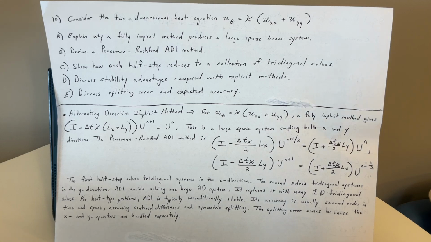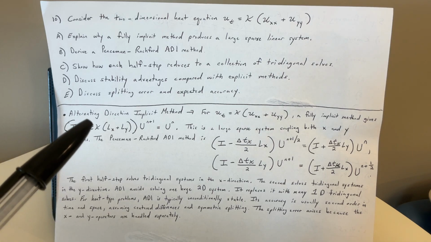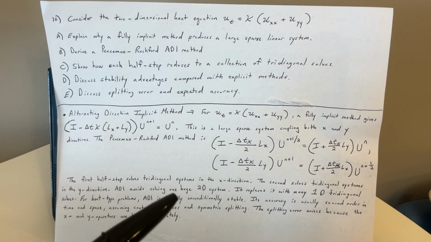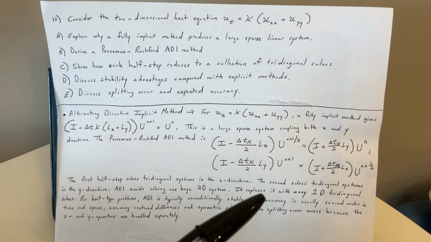For heat type problems, ADI is typically unconditionally stable. ADI referring to the alternating direction implicit method. Its accuracy is usually second order in time and space, assuming center differences and symmetric splitting. The splitting error arises because the x and y operators are handled separately.